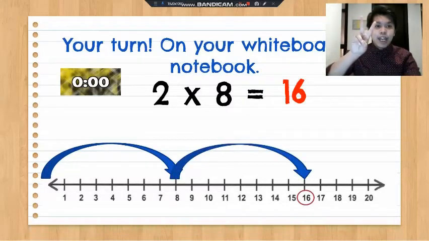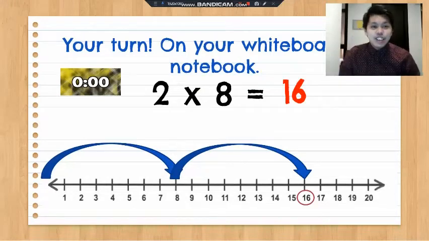That's the second one. So the answer will still be the same. Now it's up to you which you will use. Which is easier? Is it the 2 eight times or the 8 two times? It's up to you.